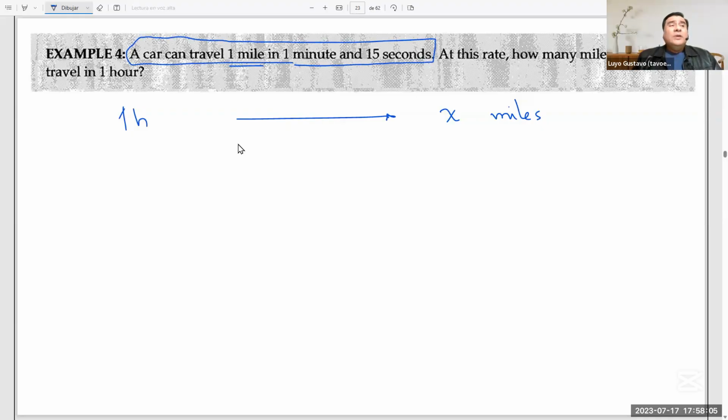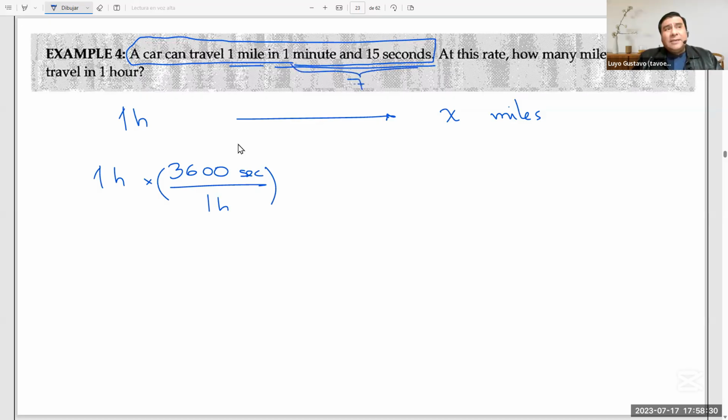We know that if we can convert first hours to seconds, then we can use this rate to determine the number of miles. For example, I know that in 1 hour, there are 3,600 seconds. And they tell me that in 1 minute and 15 seconds, that is to say 75 seconds, the car can do a mile.